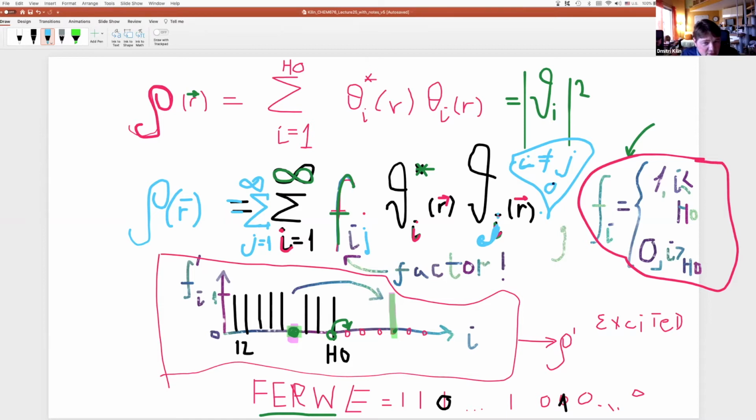Okay, so we can put here the delta function ij, which is a symbol equal to 1 if i equals j and 0 if i is not equal to j. Make sense?